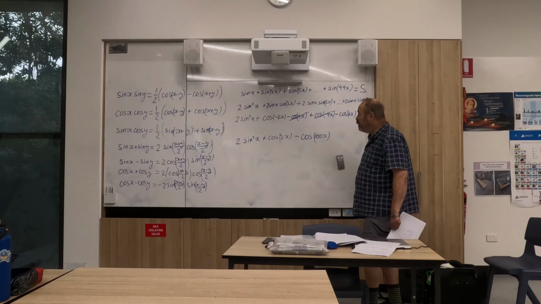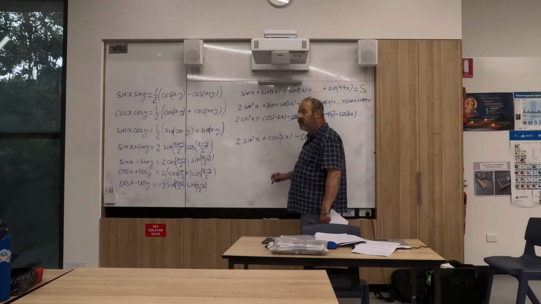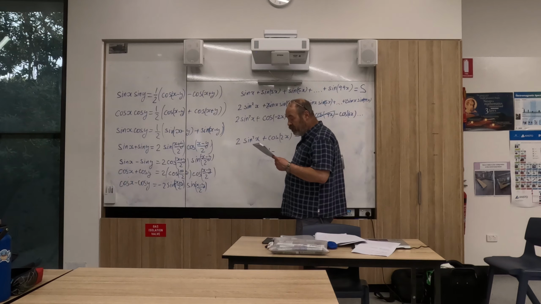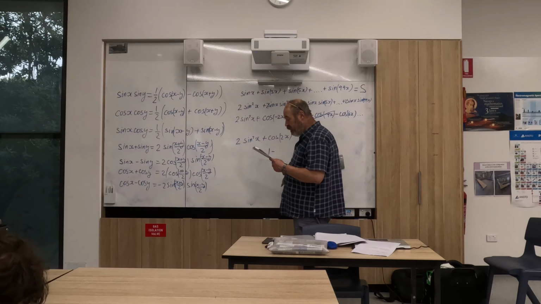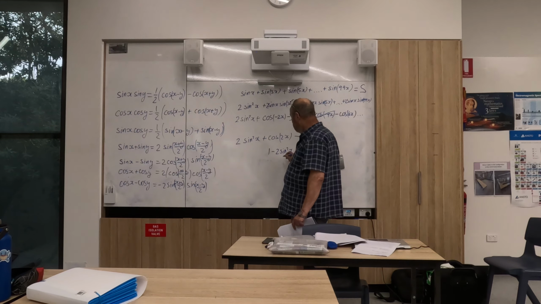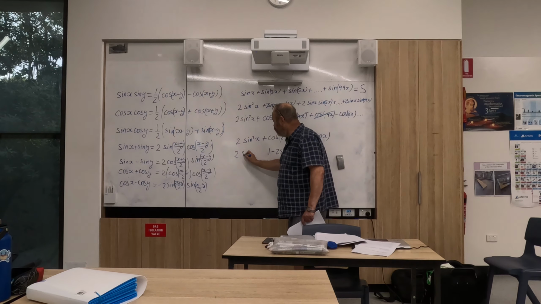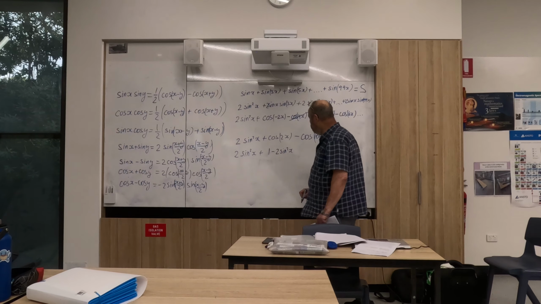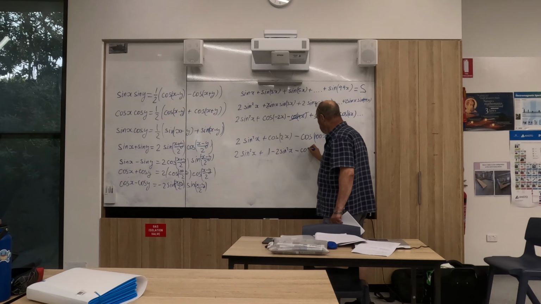Now let's apply the formula for cos 2x, which is 1 minus 2 sine squared x. So we have 2 sine squared x plus 1 minus 2 sine squared x minus cos 100x.